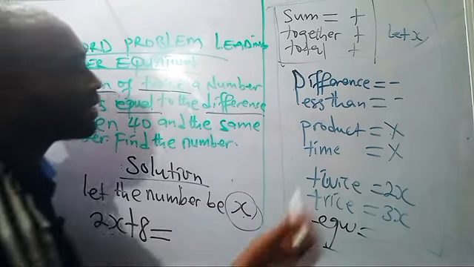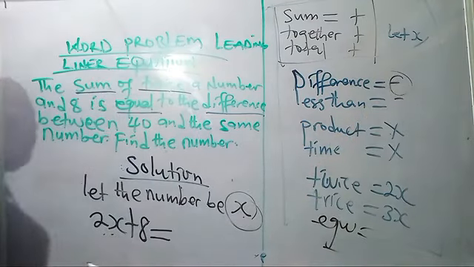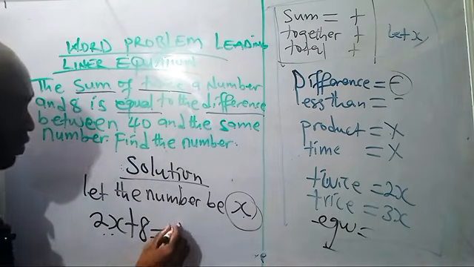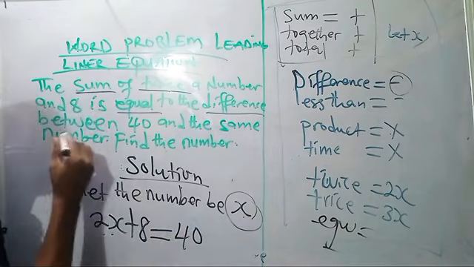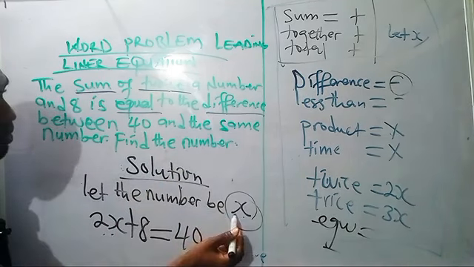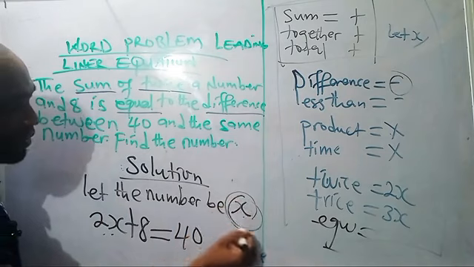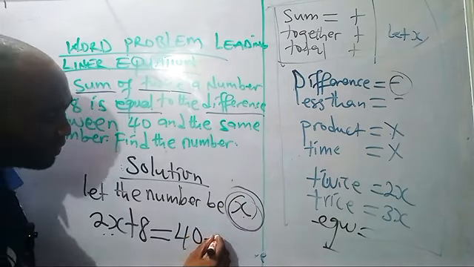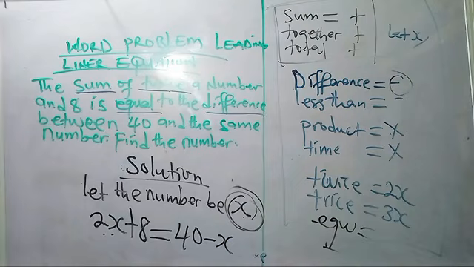Difference I explained to be minus. So it's equal to the difference between 40 and the same number. They are talking about the same number, which is still the x we have. So that is 40 minus the same number. This has formed a linear equation.